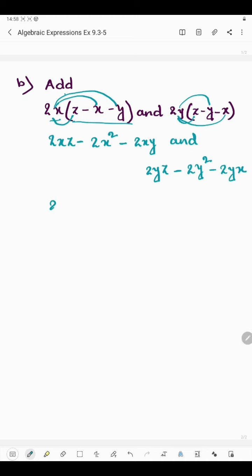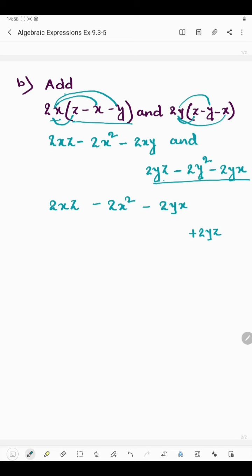So at first we have 2xz minus 2x square minus 2yx. The first expression should be written in the first line and the second expression in the next line. So 2yz: we'll check the variables here, yz is there and the yz term is not present, right? So we'll put 2yz at the end, not below any term.